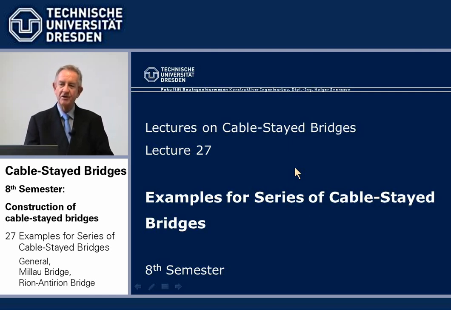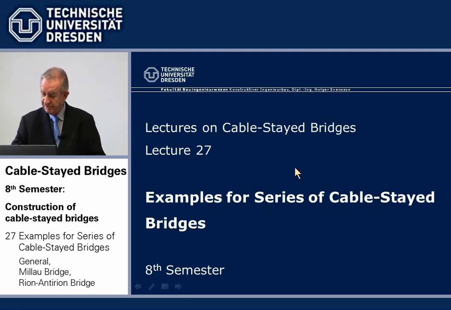Today we go on with our examples of different types of cable-stayed bridges, and today we come to two very important examples for series of cable-stayed bridges. You will recall that in the earlier parts we had one lecture on the general theory of series of cable-stayed bridges, and today we have the two most prominent examples which exist today.